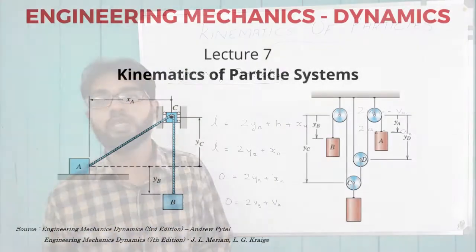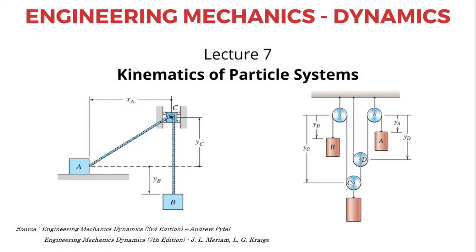These figures show you examples of motion of a system of particles where the degree of freedom is 2. In the case on the left hand side, the peg itself is in motion, and hence there will be two independent coordinates to describe the motion, y of c and x of a. So this is the case of 2 degrees of freedom.